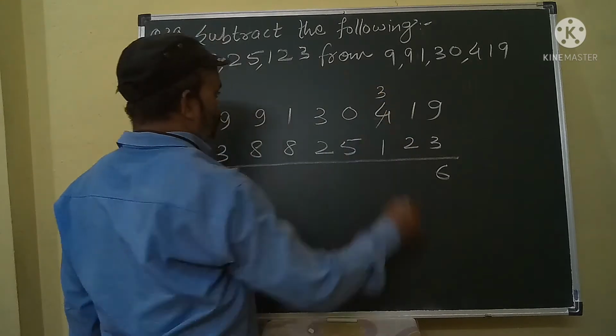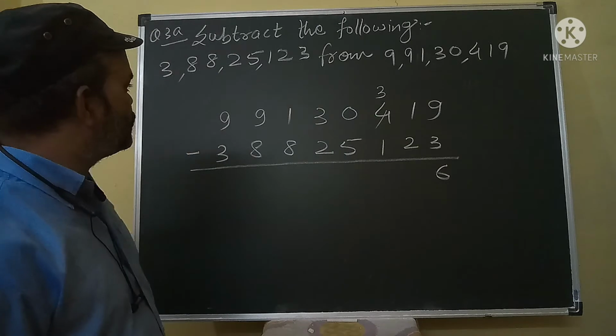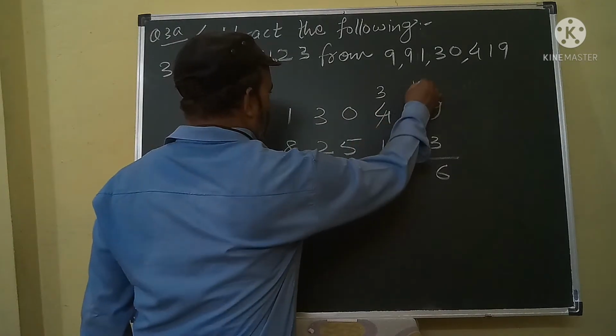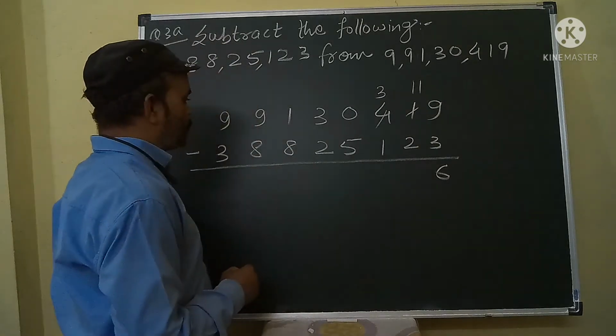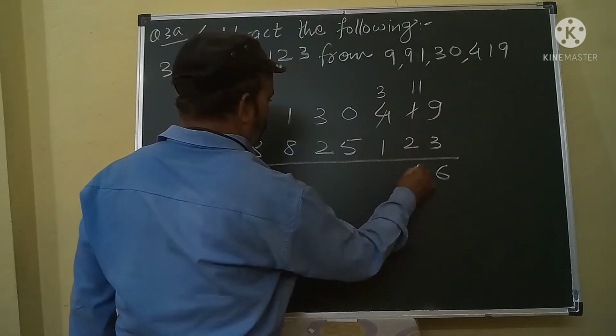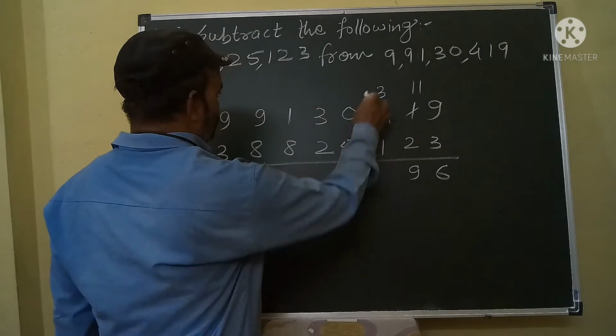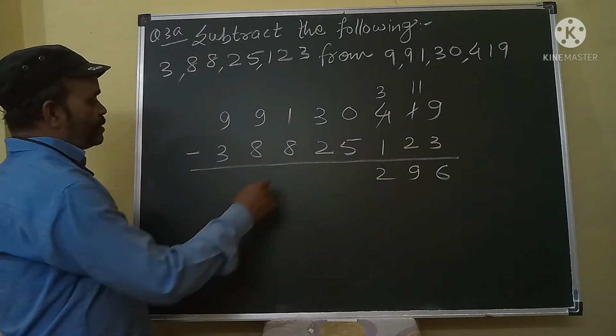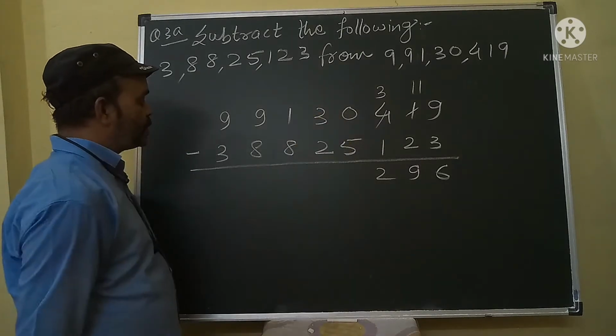So 4 converted to 3. And this 1 converted to 11. Okay. 11 minus 2, 9. 3 minus 1, 2. This is 5. This is 0. Okay.